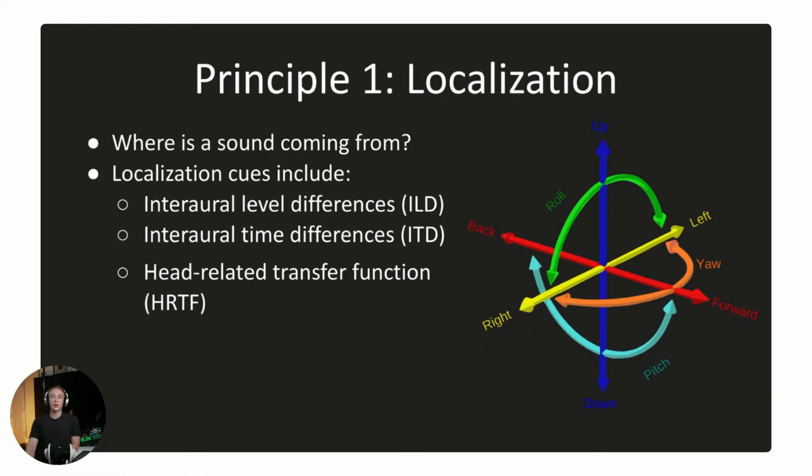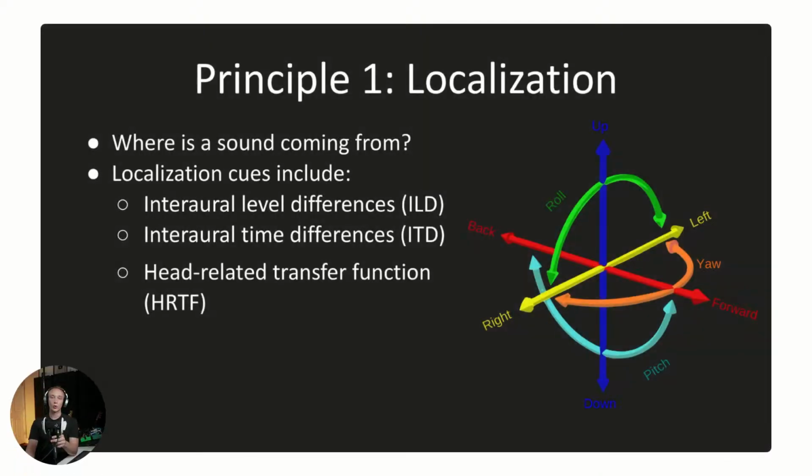The first thing I want to talk about is localization. So right here I've got a binaural microphone, and we'll notice a few things about this. It's got 2 ears first off, and so a typical human auditory system will have 2 ears placed on the side of the head, and that gives us access to a few localization cues.